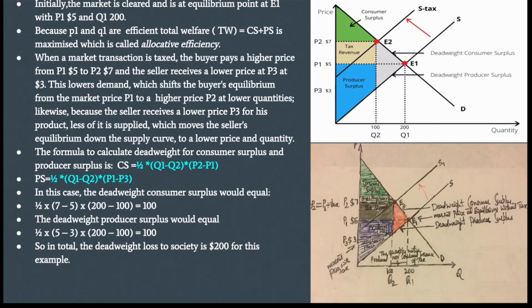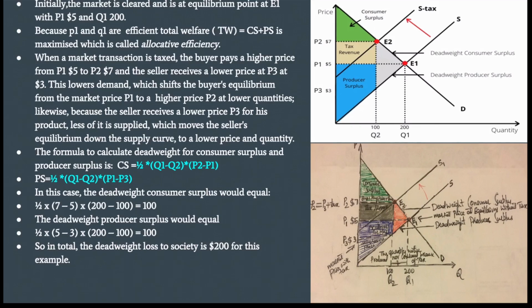When a market transaction is taxed, that is, after tax, the buyer pays a higher price, from P1 $5 to P2 $7, and the seller receives a lower price, P3, at $3.